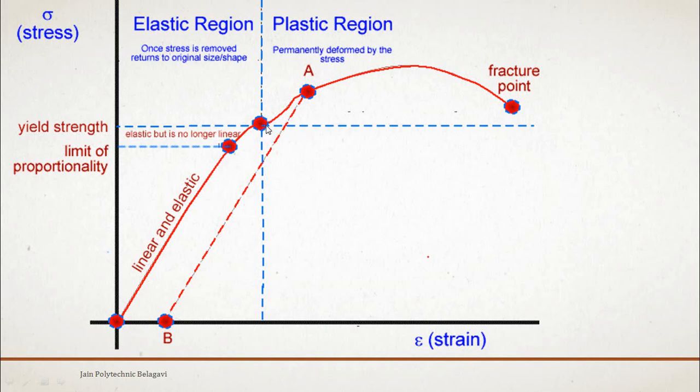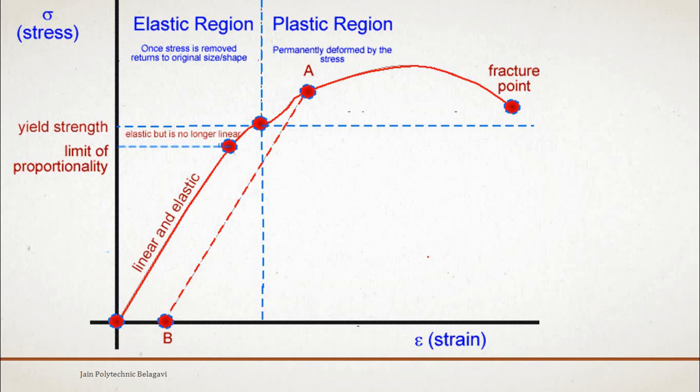Then the yield point tells us that the material is transforming itself from the elasticity to the plasticity phase. Okay, so within this limit, if you unload or take out the load from the material, it is going to regain its original shape and size, and further from this point, if you again apply the load and again take it out, it is not going to come back to its original shape and size.